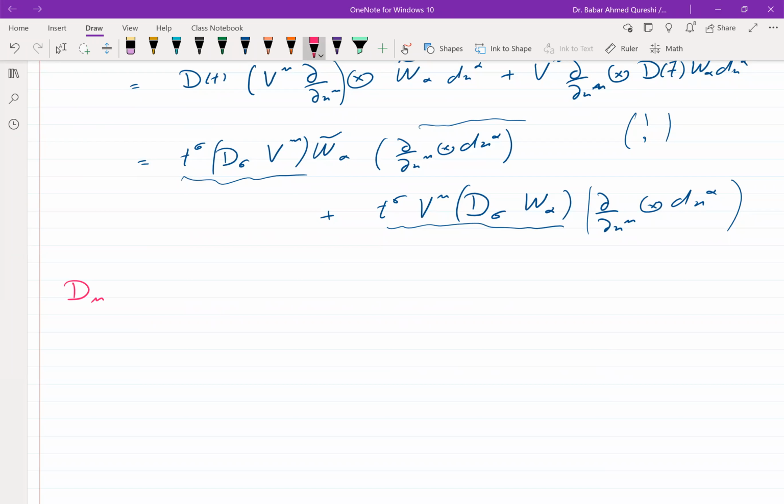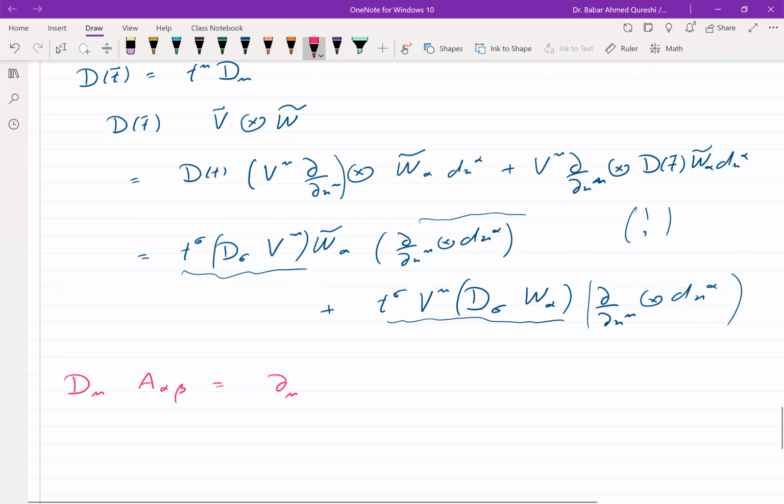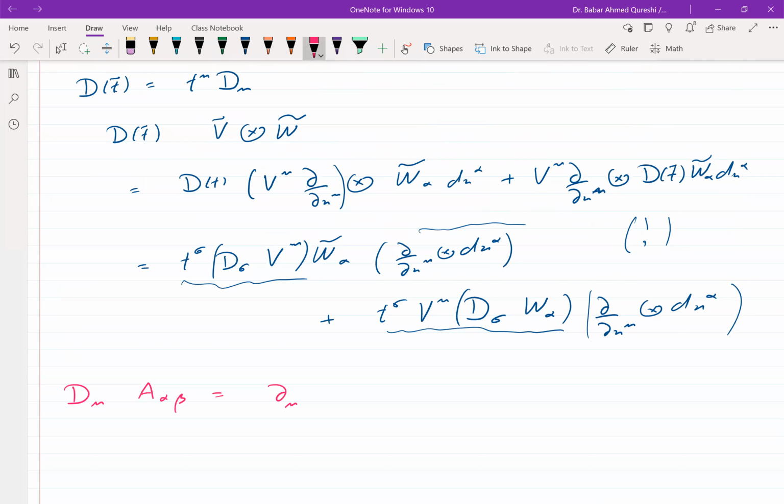That if you are given any tensor, for example, any object. So for example, if you're given an object like this, its covariant derivative, using the same logic which I have done above, कि एक दफा आपने अपना Leibniz rule use करना.